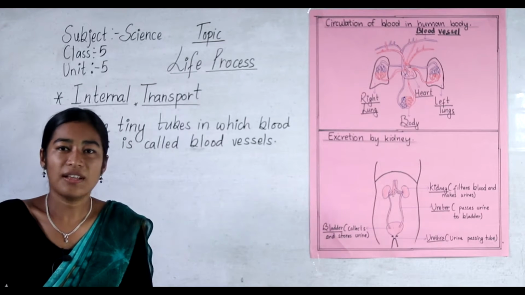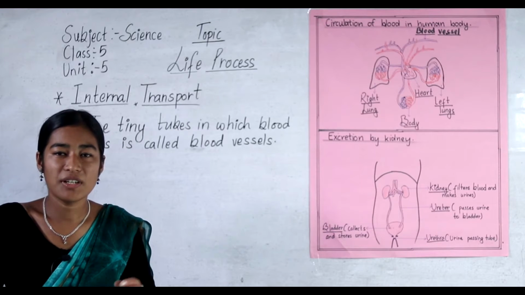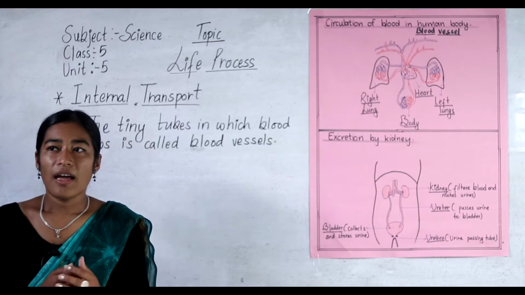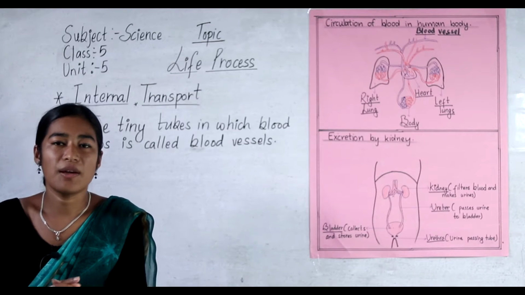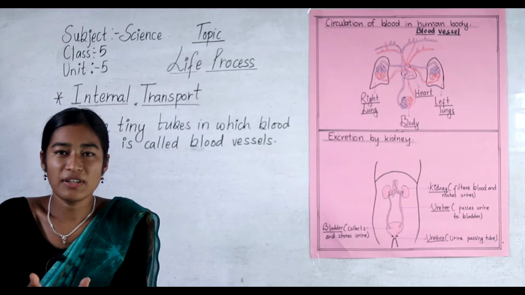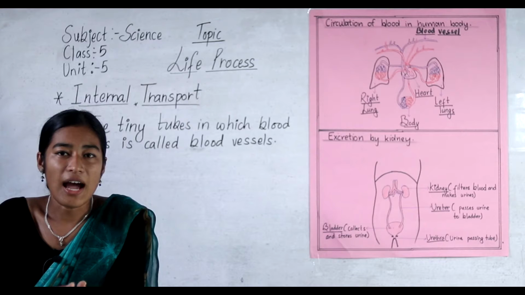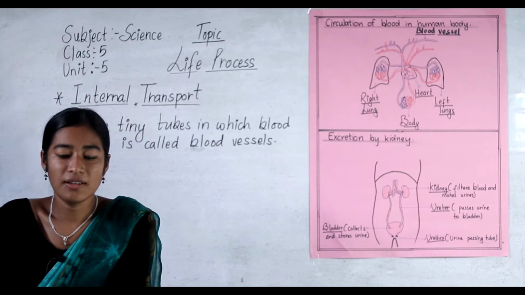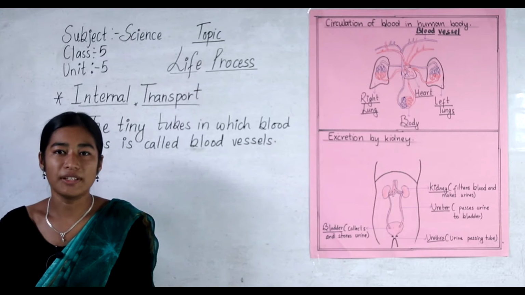In the previous class we have already studied the digestive system and the respiratory system. As we know, the digestive system is the process of separating unnecessary and necessary substances, whereas unnecessary substances are thrown out of our body and necessary substances are absorbed by our body.